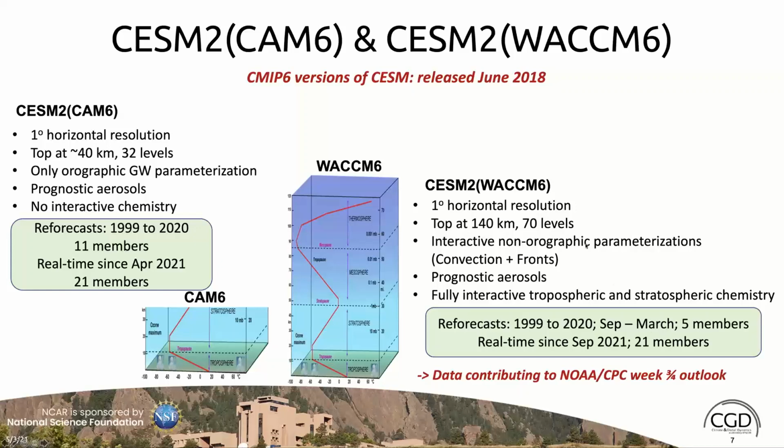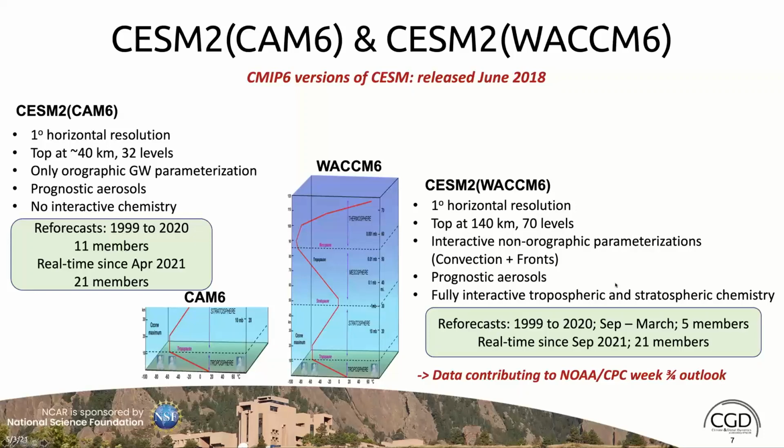So we focus on the Northern Hemisphere winter season, the season where we believe the addition of the stratosphere and the upper levels of the atmosphere would have the most impact anyway. We've been running in real time since September 2021, and we've been contributing this model to the NOAA CPC Week 3-4 outlook since then. Since the hindcasts with this model ended in March, now we transition to contributing the low top model to these forecasts.